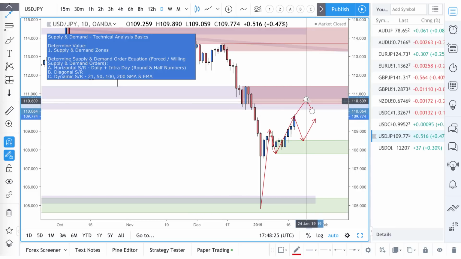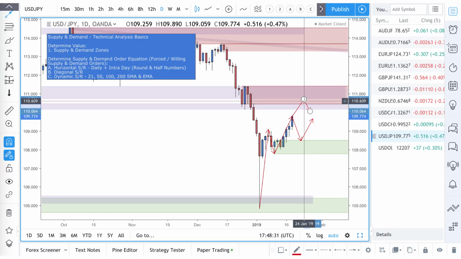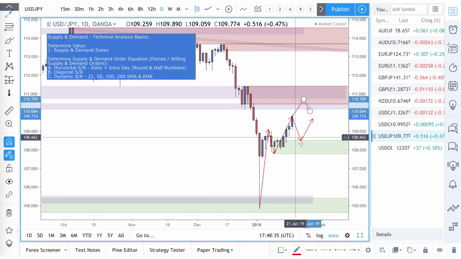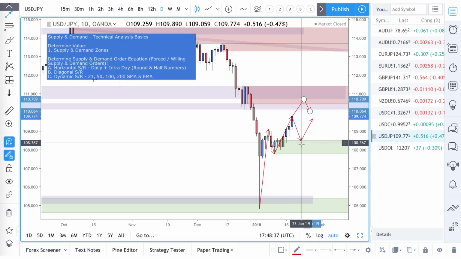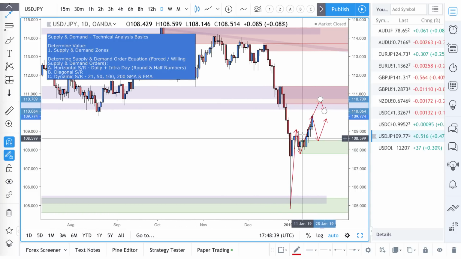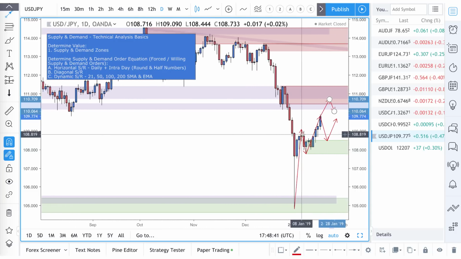Why are traders going to be forced to exit their position, take profit, etc.? So why is there going to be more supply in this area from a technical analysis perspective, and why is there going to be more demand than supply in this area here? And again, the video is in the description box below.